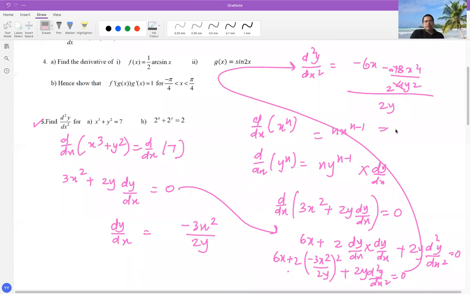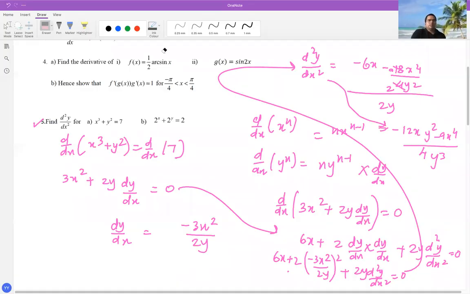So if you take the LCM of this, it will become negative 12xy squared minus 9x to the power 4 over 4y cubed. So that's going to be the second order derivative for this particular question.